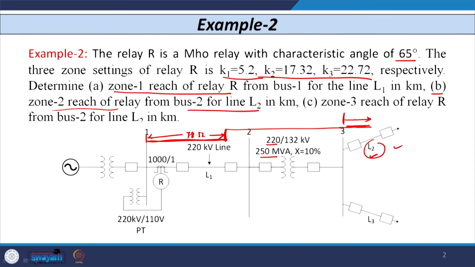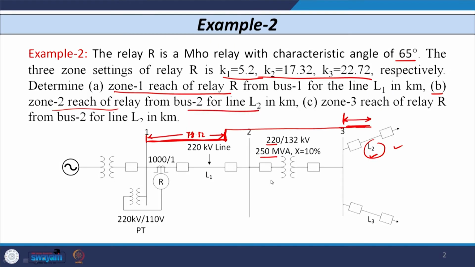So, this value we need to find out in kilometers. For that, we will take the whole Z2 primary value which we have calculated and subtract from it the entire impedance of line L1, that is ZL1, plus reactance of the transformer, that is ZT.